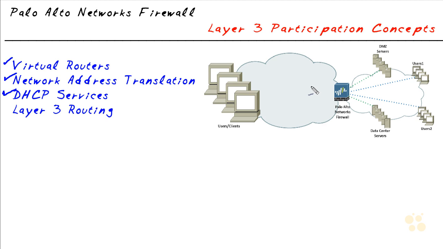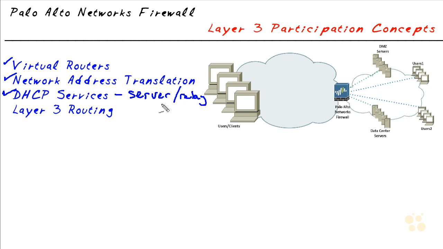I can either be a server, so I can configure my Palo Alto box to send IP addresses to whatever hosts I have on there, or I can be a relay, which means that I will forward a DHCP request from here over to, I guess probably DMZ, but wherever my DHCP servers happen to reside in the network.